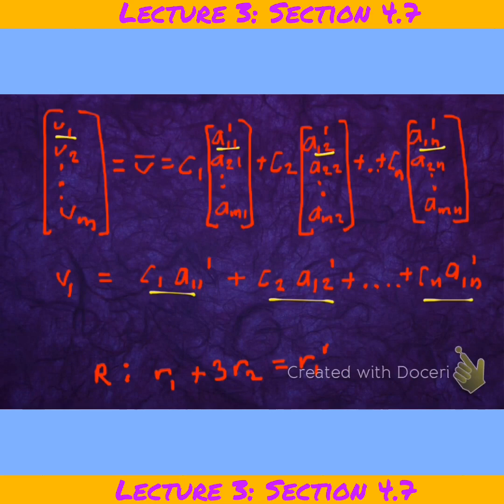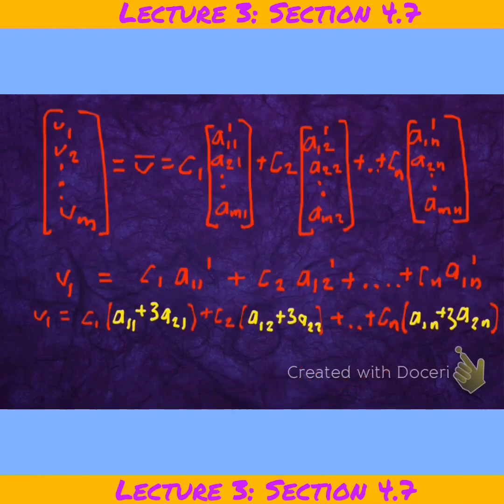It was, I took the first row of A and changed it by adding 3 times the second row of A. Right, so doing the replacement, we get the same vector V1, but we replaced these terms. Remember, we get A11 prime by taking 3 times the entry in the second row in the first column and adding it to that, and we get the subsequent entries as well.